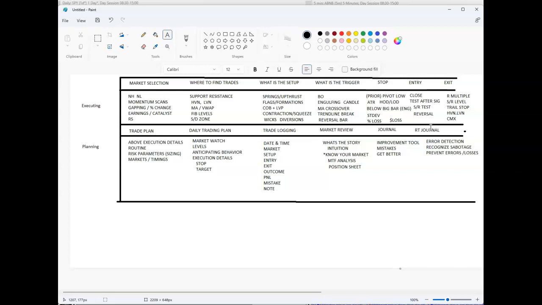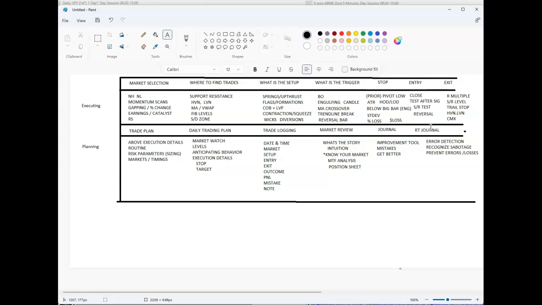The real-time journal will identify errors before they occur, recognize self-sabotage, and in most cases, hopefully, prevent you from acting on errors.